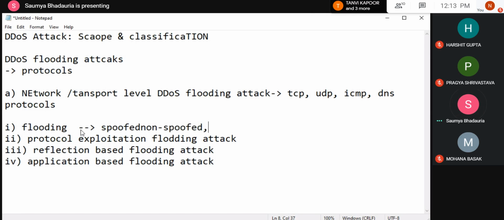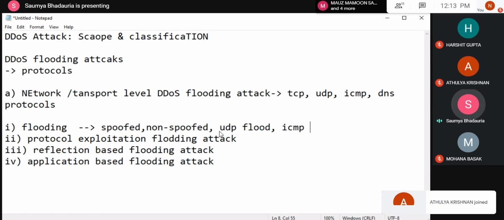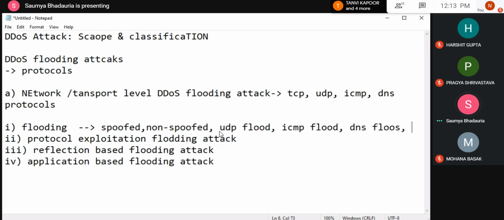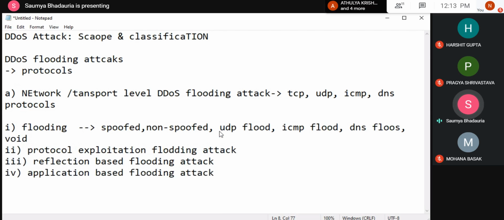Here, what type of packets are they? I already said that these would be either spoofed or non-spoofed. What spoofed and non-spoofed packets? These can be UDP floods or they can be ICMP floods or it can be a DNS flood, or since you're talking about both network and transport, you can have any other protocol.